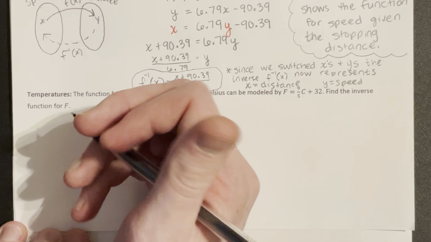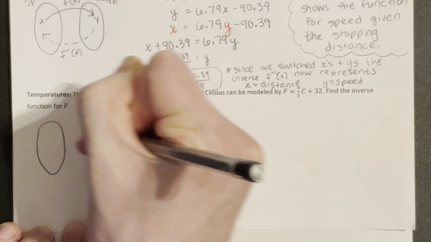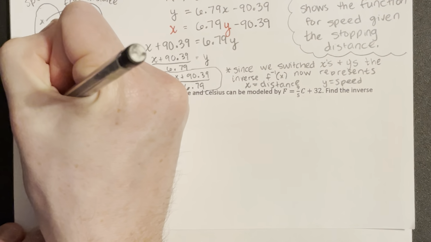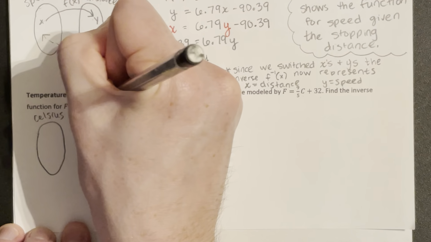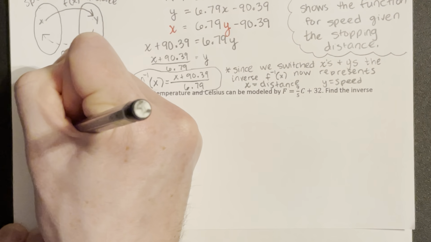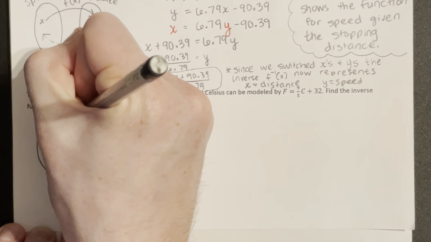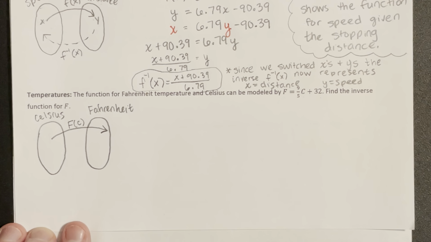So let's look at the mapping for this one. All right, we have a mapping that says I'm going to take Celsius and convert it to Fahrenheit. So I'm getting this relationship, and we could write it as f of c because c is our input.